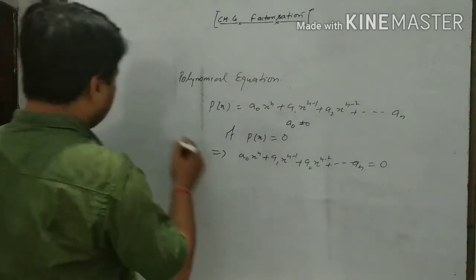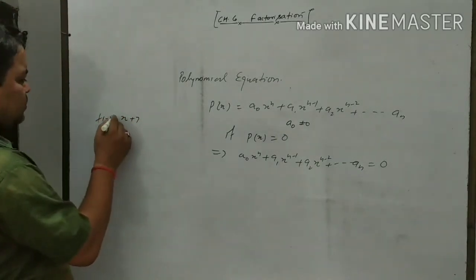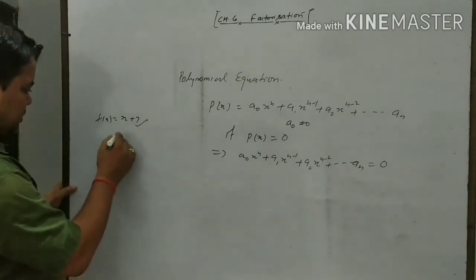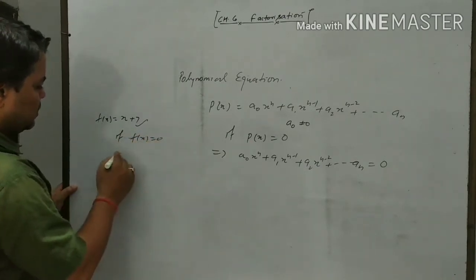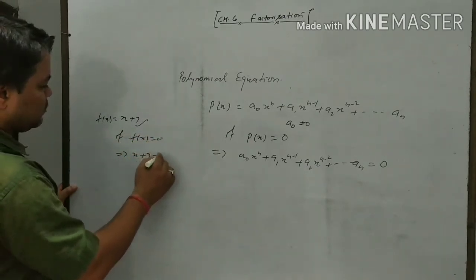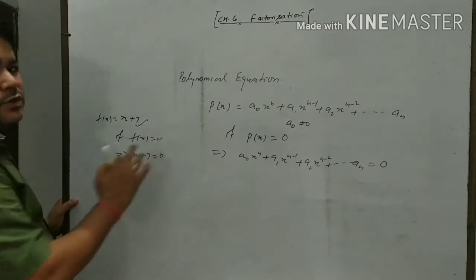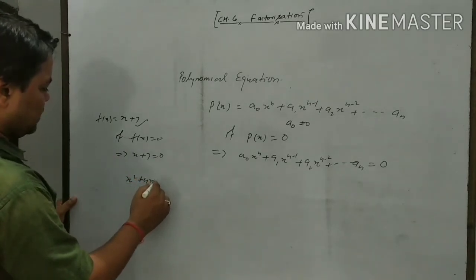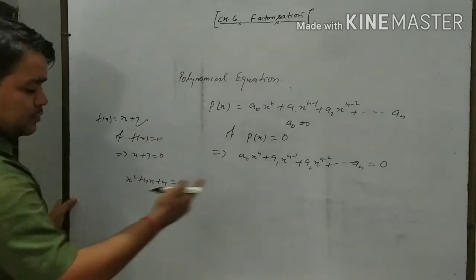Just like if f(x) is equal to x plus 7, this represents a polynomial. But if f(x) is equal to 0, then x plus 7 is equal to 0. This is called a linear polynomial equation. Similarly, if you write x square plus 4x plus 4 is equal to 0, this is called a quadratic polynomial equation.